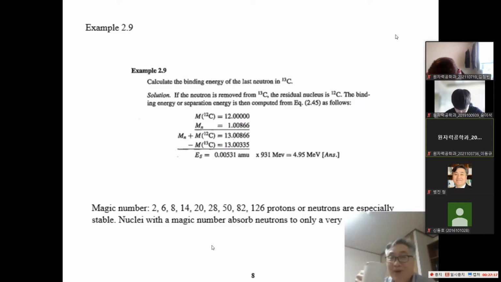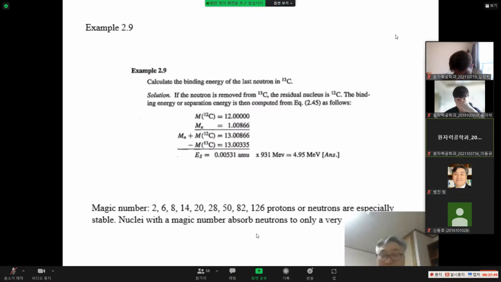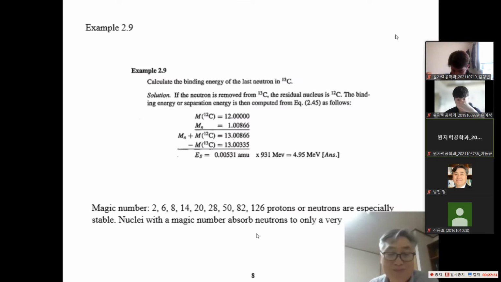And this is the magic number. Magic means we don't know why. But elements with mass numbers 2, 6, 8, 14, 20, 28, 50, 82, 126 are quite stable. We don't know why, so that's why we call these numbers magic numbers.